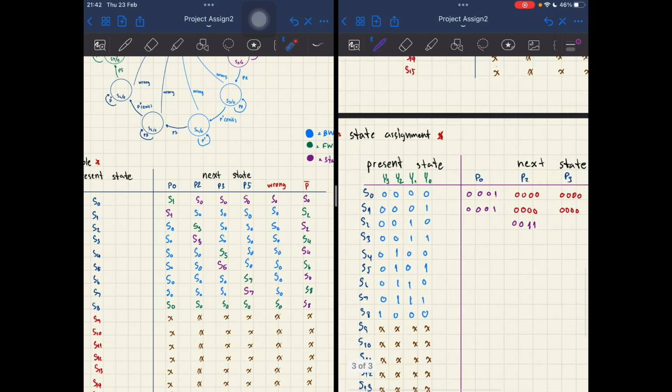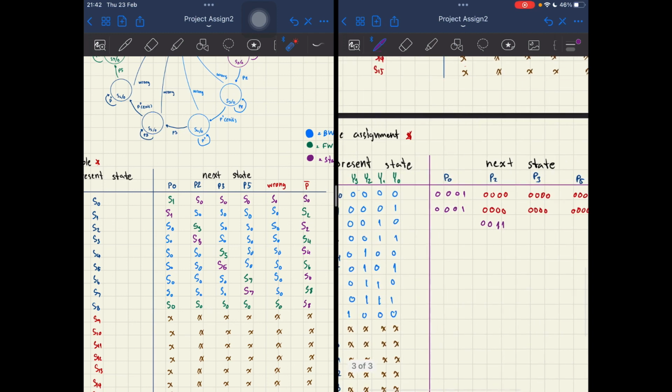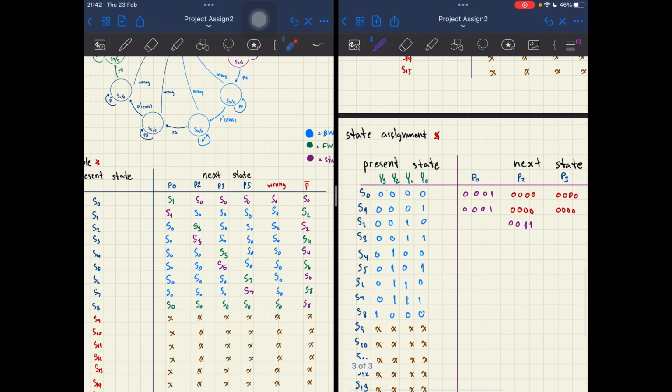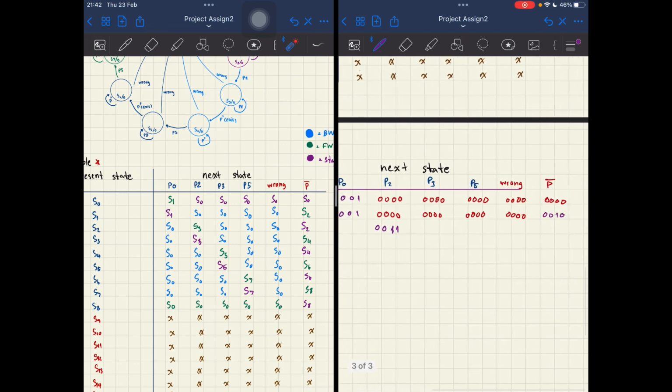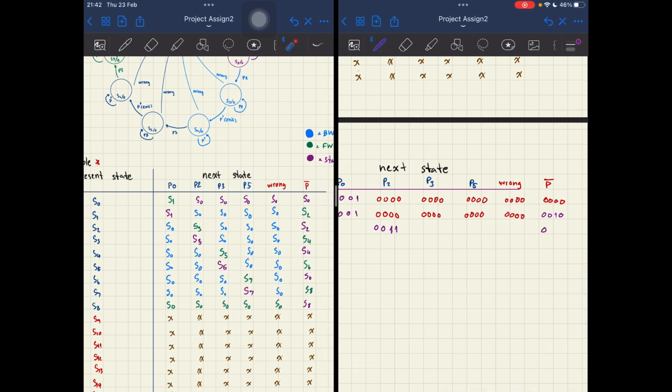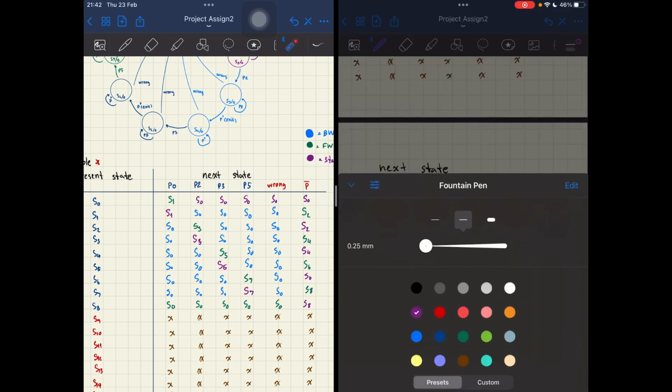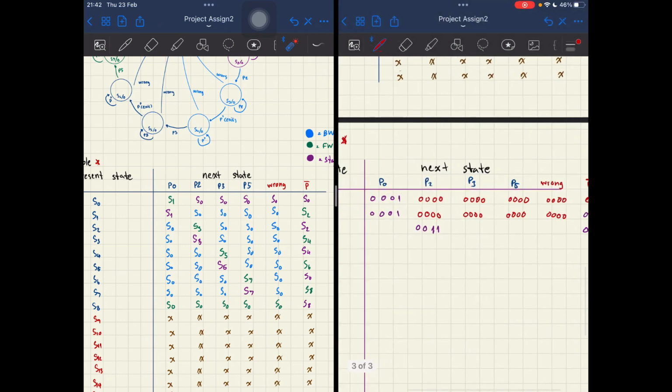Then if we leave the button, it will stay in state 2, which means it is 0, 0, 1, 0. And then the other thing is 0, 0, 0, 0. Here is the same.